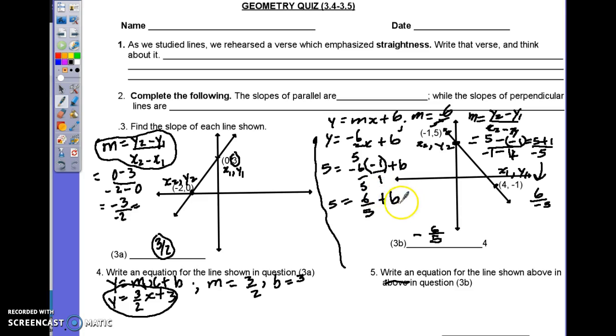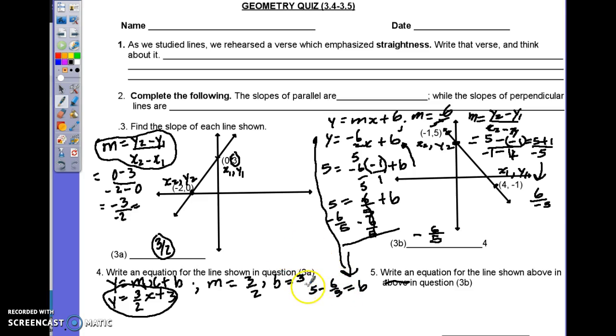And what are we after again? We want to find the b, so then we can plug it in here to finish up our answer. So what we have to do is subtract 6/5 from both sides. When we do that, 6 over 5 goes out, and we're left with 5 take away 6 over 5 is equal to b. 6 over 5, how can we get that out?